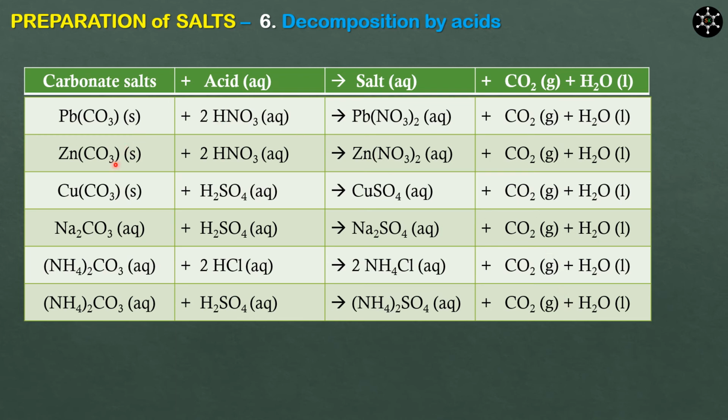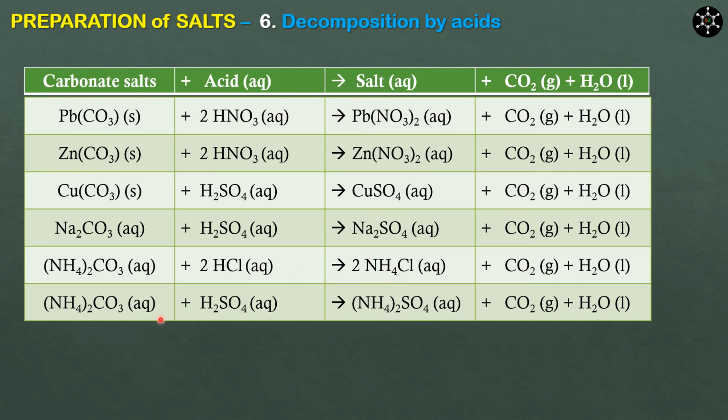Insoluble zinc carbonate salt with HNO3 forms soluble zinc nitrate salt. Insoluble copper carbonate with sulfuric acid forms soluble copper sulfate salt. Soluble sodium carbonate with sulfuric acid forms soluble sodium sulfate salt. Soluble ammonium carbonate with HCl forms soluble ammonium chloride salt.